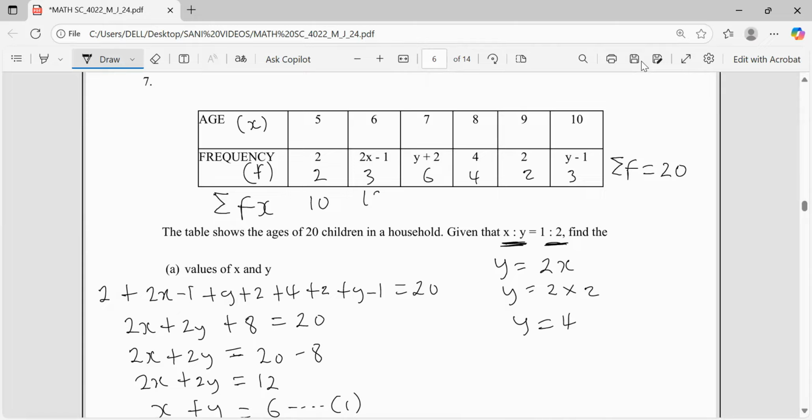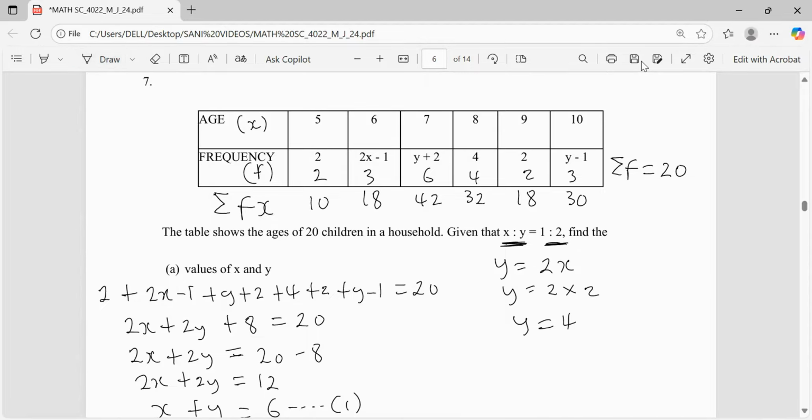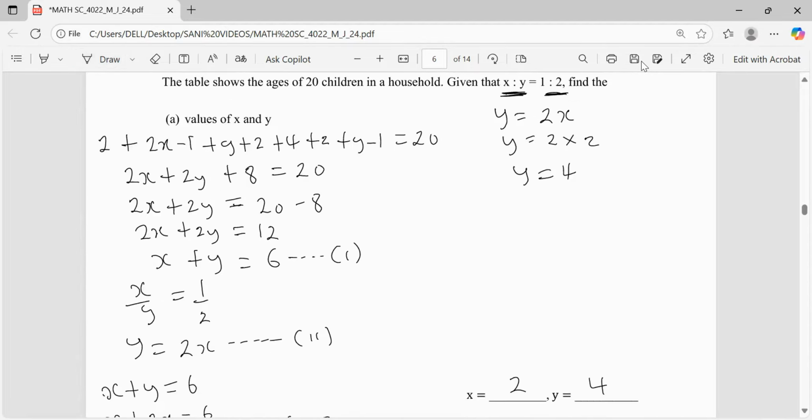We have 18. We have 42. We have 32. We have 18. We have 30. So summation fx, when you add them together, that's 10 plus 18 plus 42 plus 32 plus 18 plus 30. So summation fx gives us 150.